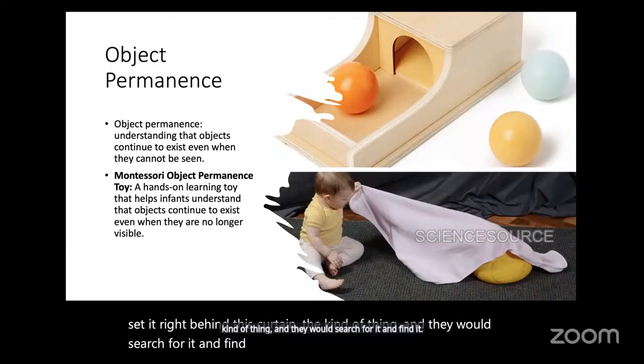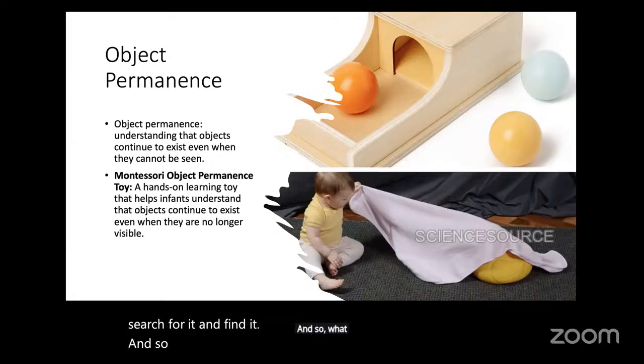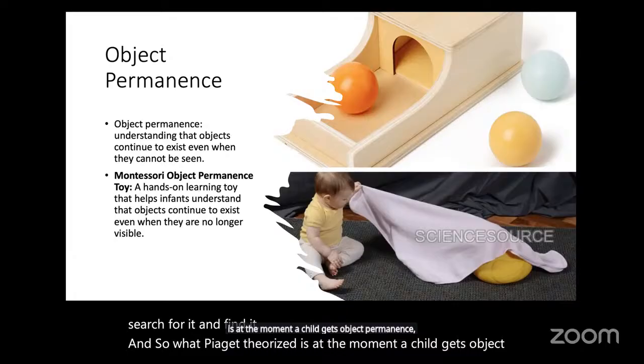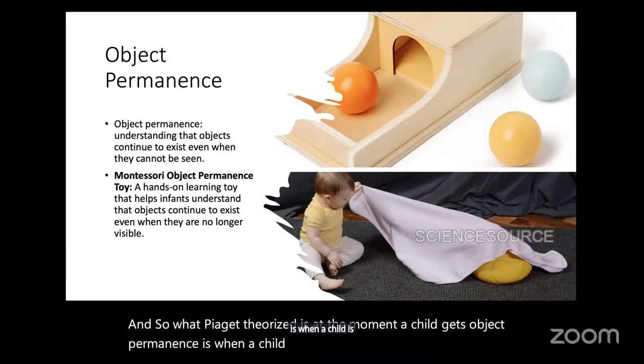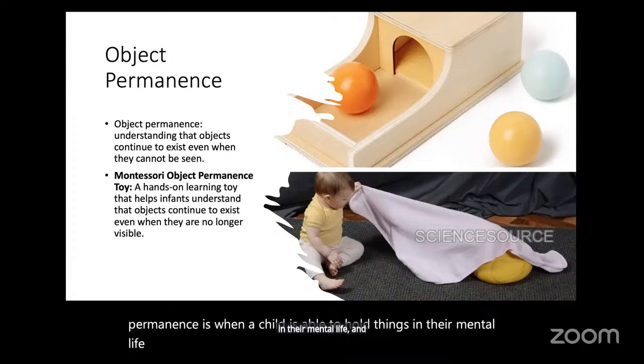And so what Piaget theorized is that the moment a child gets object permanence is when a child is able to hold things in their mental life and mentalize things as they exist.